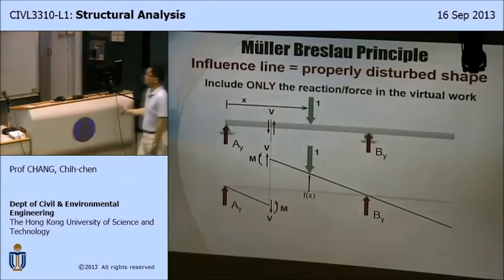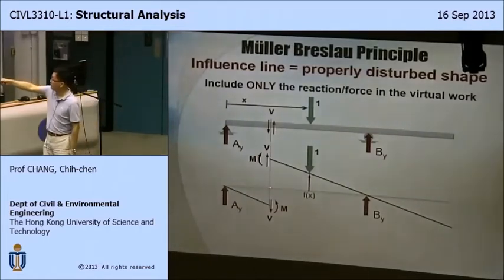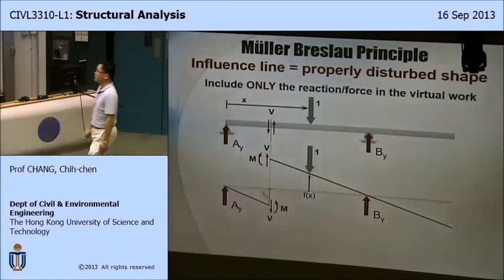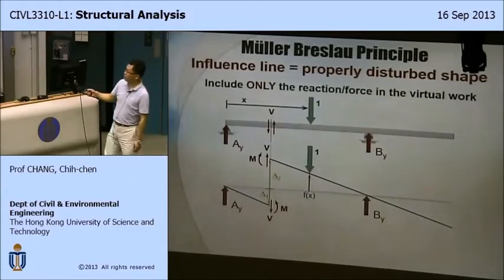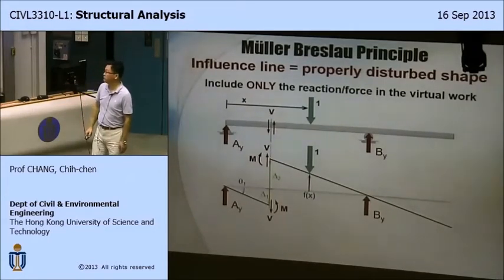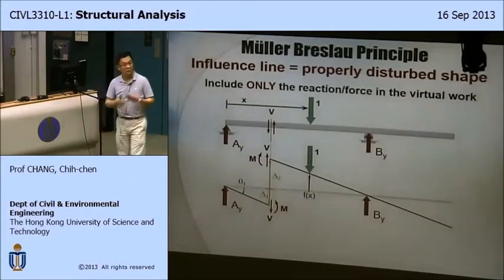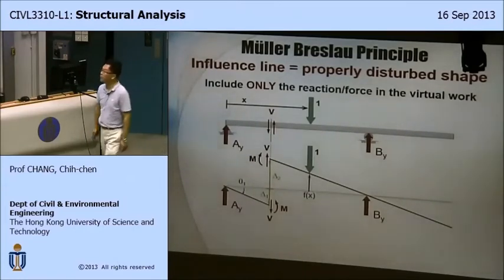All right. So for the properly deformed shape, you need to tell me what this deformed value is and what that deformed value is. So you need to know what delta 1 and delta 2 are. If you know delta 1, then you will know this rotation angle as well, theta 1. Remember, we are talking about very small deformations.